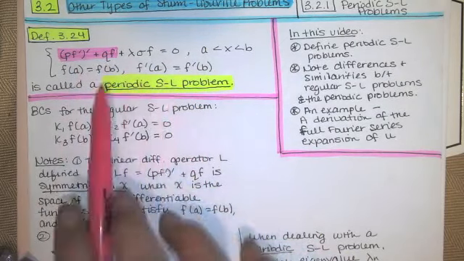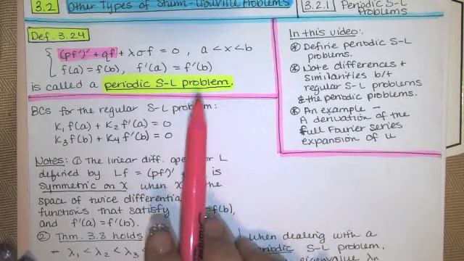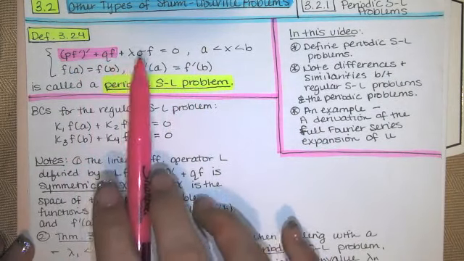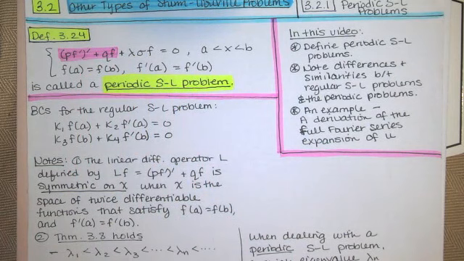And so we've got a periodic Sturm-Liouville problem, and that means our eigenfunctions themselves would be periodic functions if we were to extend them to the entire real line, which we won't. We're actually just going to stick to the interval from A to B. Okay, so we know that that's true.